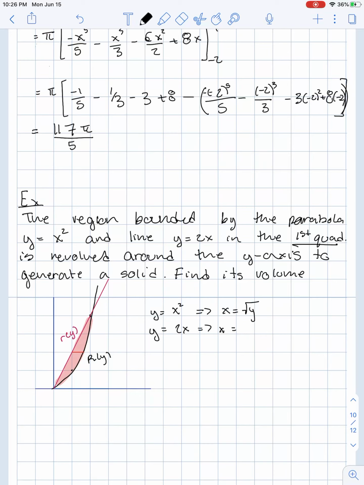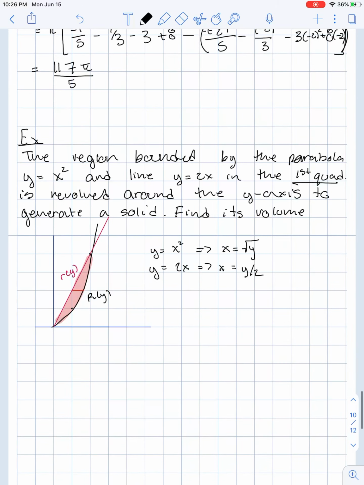Nope, not 2y. y over 2. There we go. So then I have my picture. I have two possible big R, little r. But now I need to find my points of integration, and then I can find who is my outside versus inside.